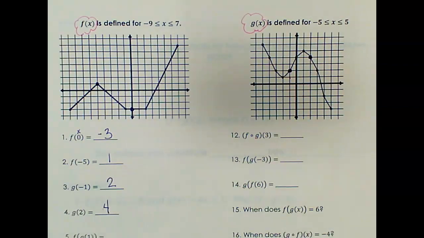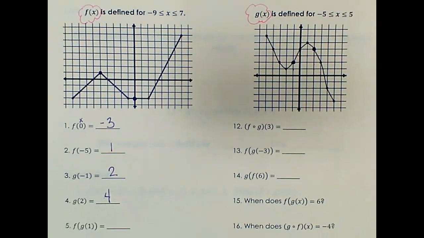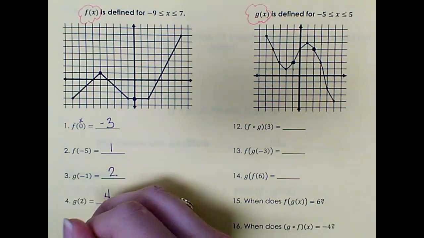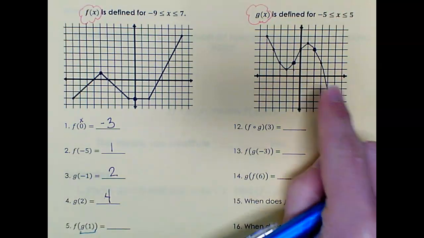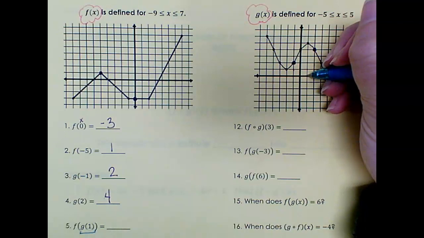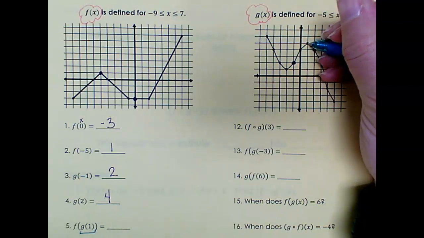So up until now, these are not incredibly difficult, but now we start finding problems that ask us to compose these functions. So the first thing in f of g of 1 that I need to find is g of 1. So g of 1 is going to be in the g function. Where x is 1, I go up 1, 2, 3, 4, 5.